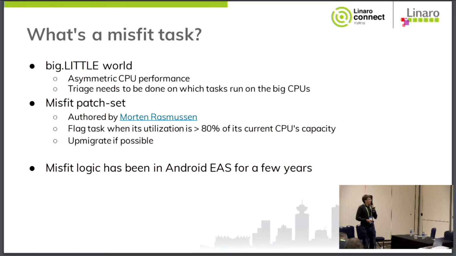The way we're going was with the misfit patch set, which was authored by Morten, who's working in the same team as I. And the gist of it is, if you have a task that has a utilization greater than 80%, so it's using at least 80% of its current CPU's time, we try to move it to a higher capacity CPU. The general idea is, okay, you have a CPU-bound task and try to give it some more CPU time by moving it to a bigger CPU.